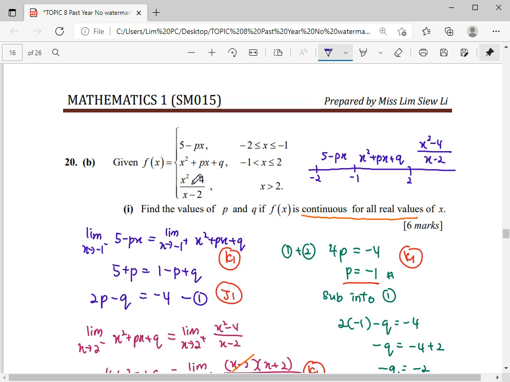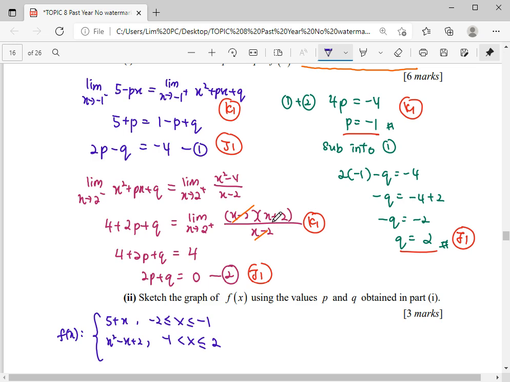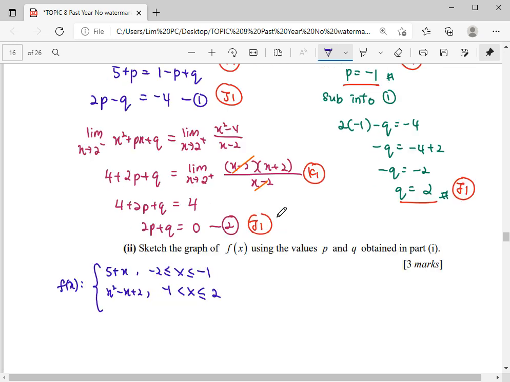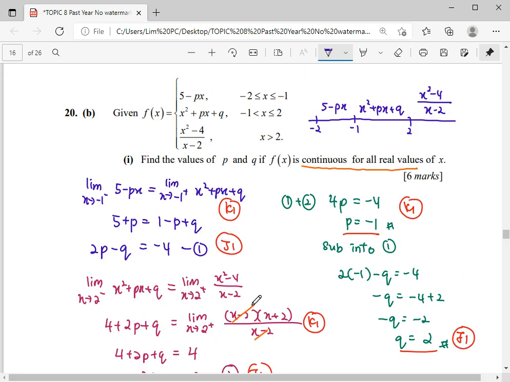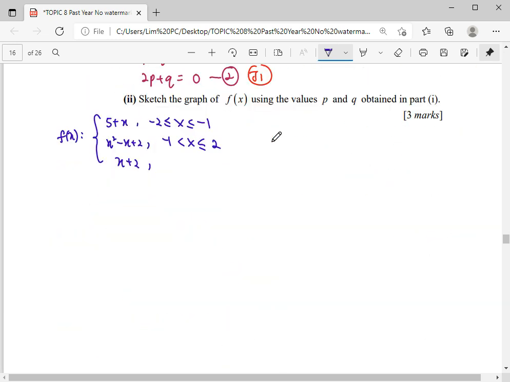And this function we have simplified just now. It is actually equal to x plus 2 only, the rational function, we already simplified it in part 1. So it's x plus 2 only for x greater than 2.